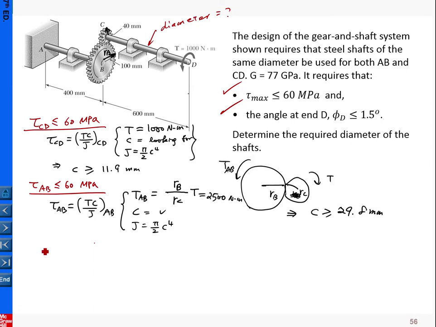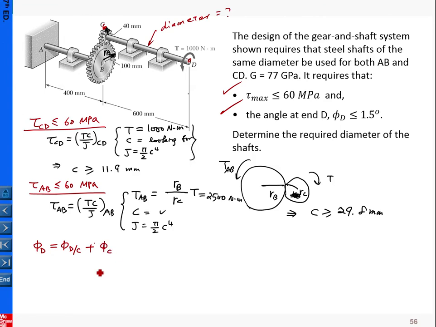Okay, then we check this criterion here: to ensure the angle of rotation at D is less than or equal to 1.5 degrees. We record this one. Phi D, we take the relative displacement concept, relative to C. But we know C is also rotated through the gears.